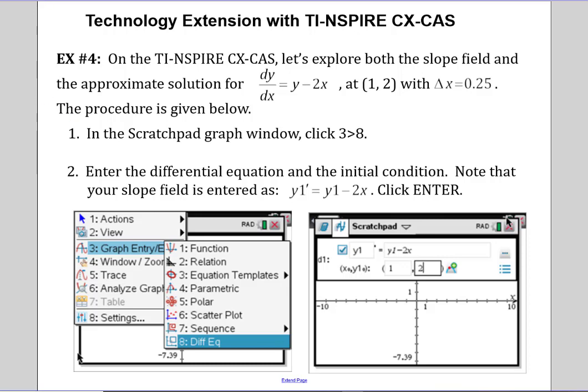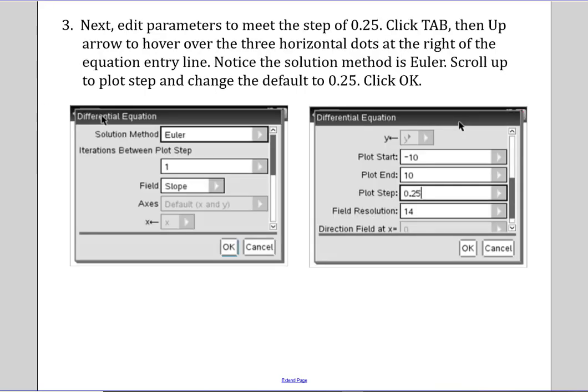So next, you want to put the parameters in to meet the step of a quarter. If you click Tab and then up arrow, you're going to hover over the 3 horizontal dots at the right of the equation entry line.